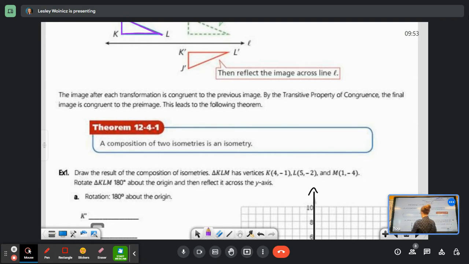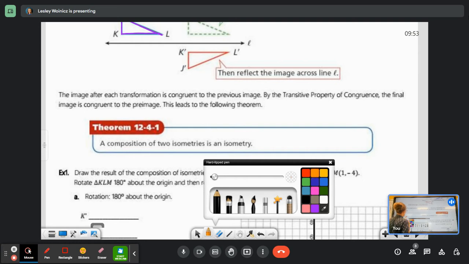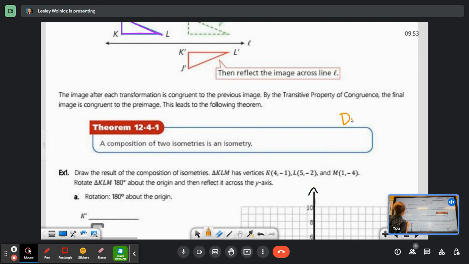Now, put off to the side here, dilations are not isometries.